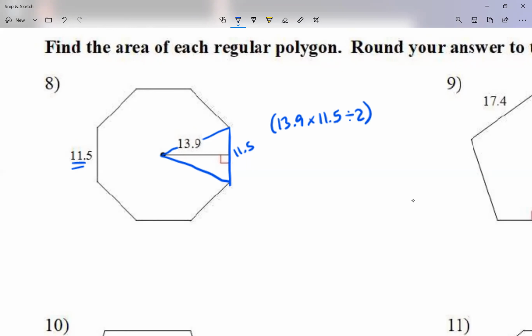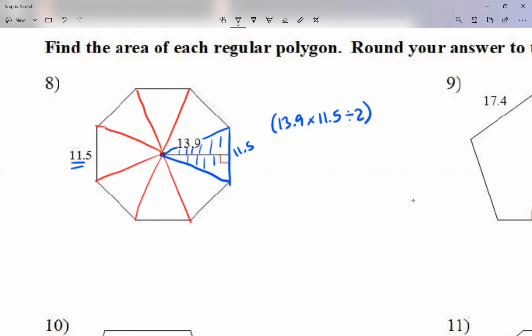But before I type it on my calculator, I see that this is just one triangle. Interesting, though, is that when I look at my polygon, I see a bunch of triangles. I see 1 triangle, 2, 3, 4, 5, 6, 7, and 8. The amount of triangles is equal to the amount of sides my polygon has.